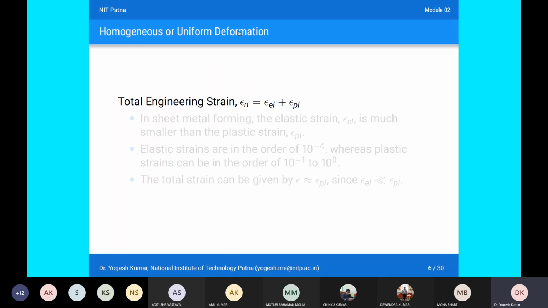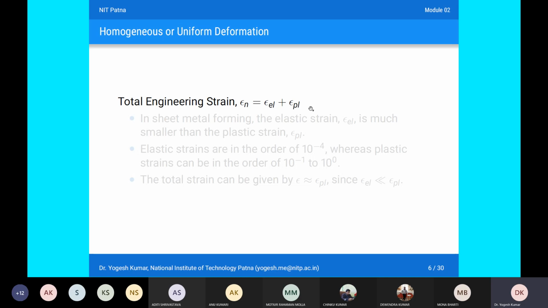So in writing the total strain, we may write total strain epsilon T is equal to elastic strain, epsilon EL, plus epsilon PL, that is the summation of elastic strain and plastic strain.